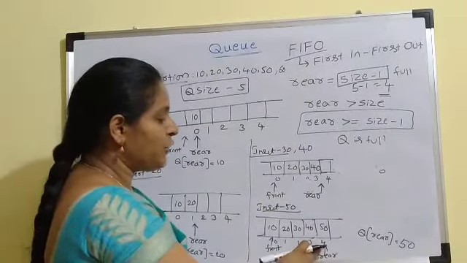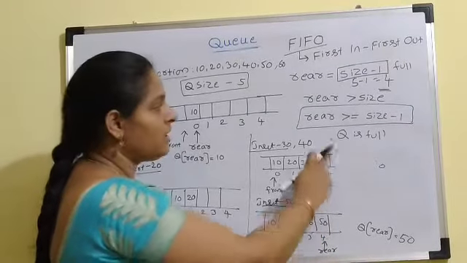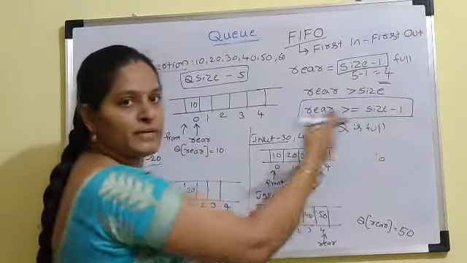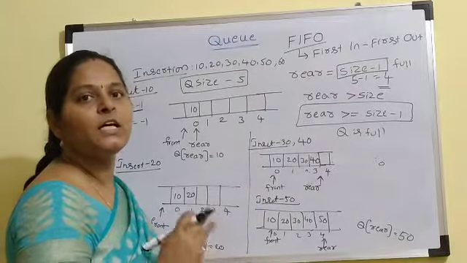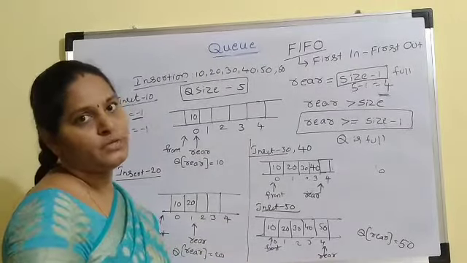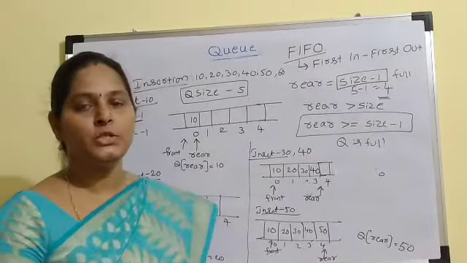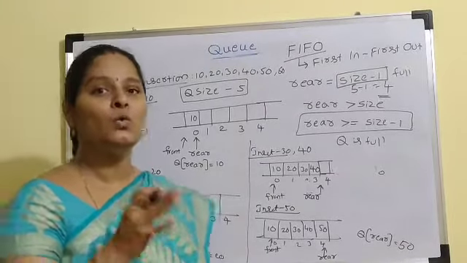Verify it here. Queue of rear: here rear is pointing at the 4th index. So rear equals size minus 1. That condition is satisfied, which indicates that the queue is full. There are no empty locations in the queue. If you try to insert an element into the queue, it will overflow.